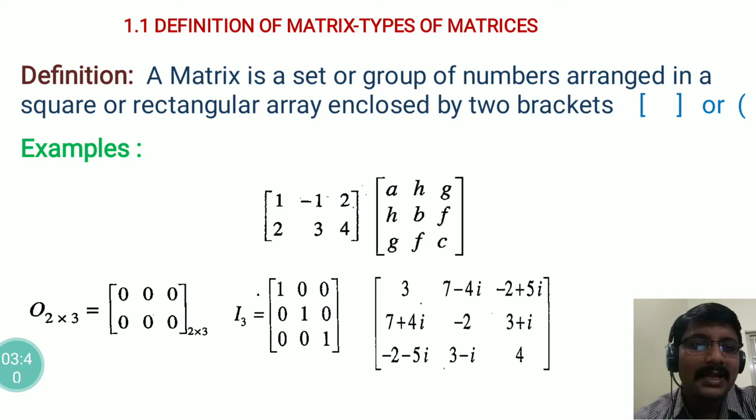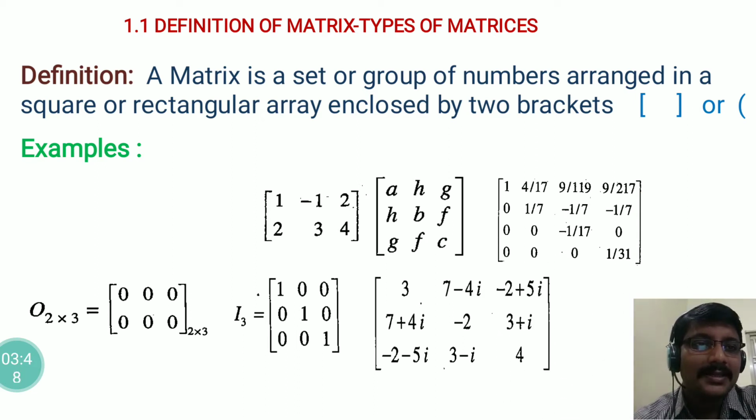This is a complex matrix because it contains complex numbers or a pair of conjugate numbers. This is a real matrix of order 4 by 4 because it contains 4 rows and 4 columns.